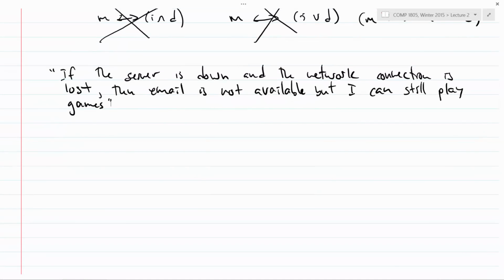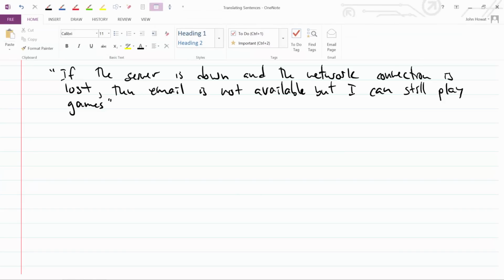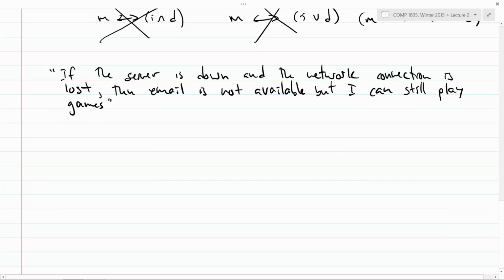All right, so the first thing you do is you break this down into parts. So let's do that. What are the parts of this sentence? Which should be a proposition? Yeah? So if is part of a connective, so you don't want to include the connective. So you just say the server is down. What else?